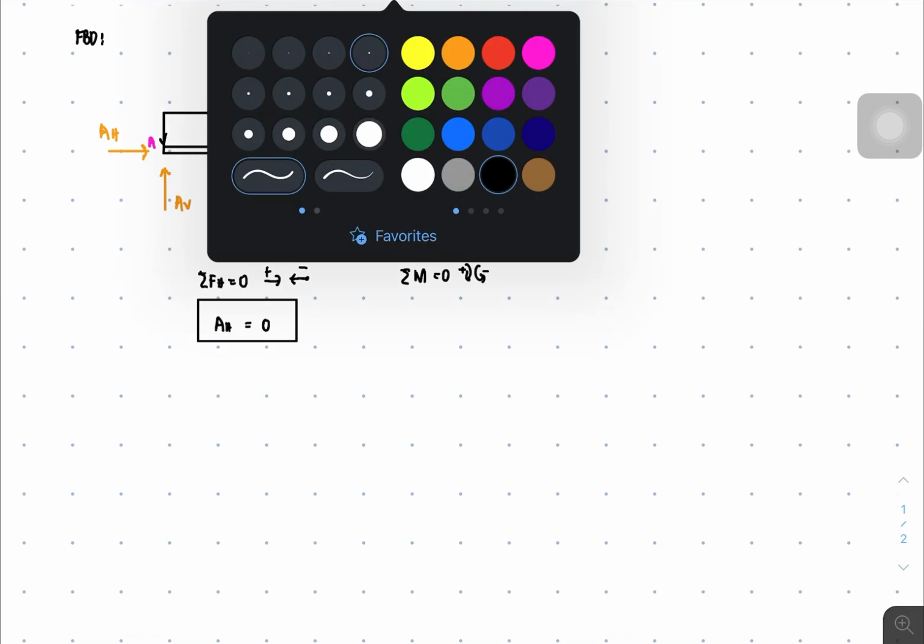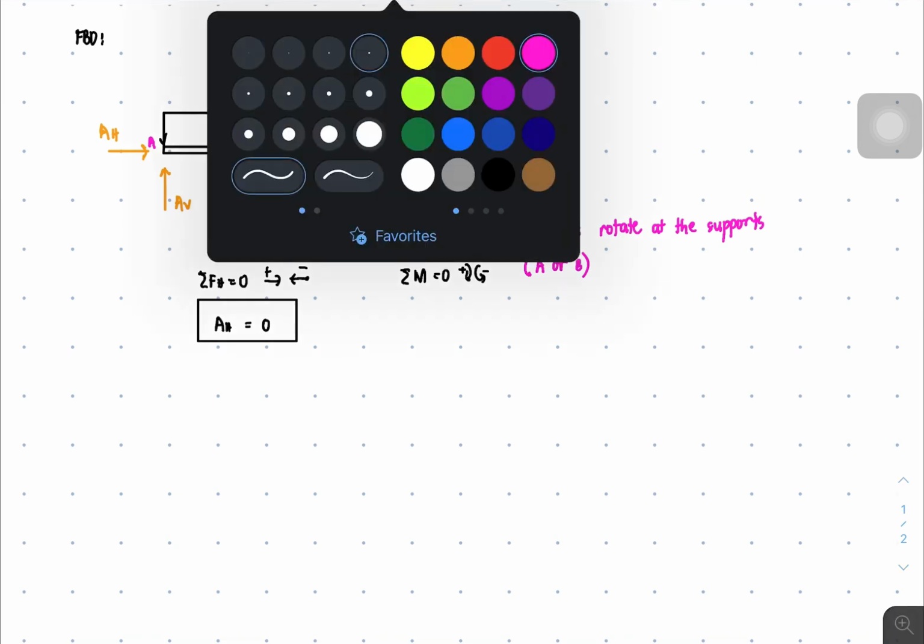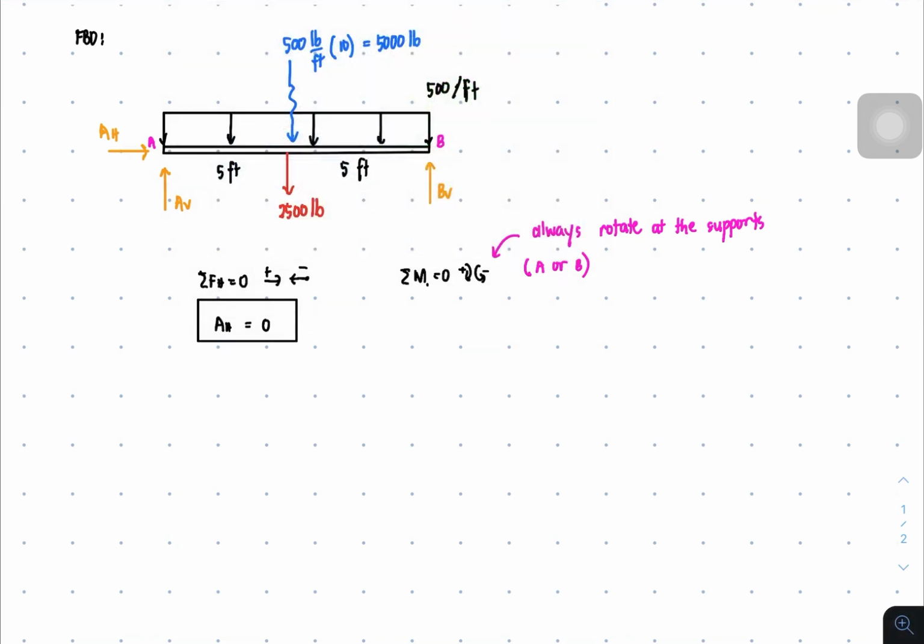Just a tip: always rotate at the supports. Since we have two supports, either A or B, you have to choose which point you are going to rotate first. I'm going to rotate at point B.